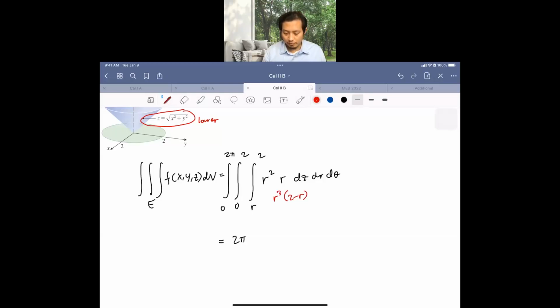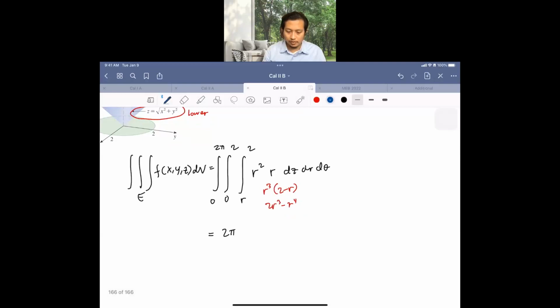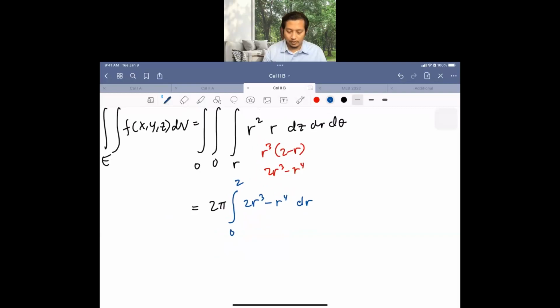So 2r cubed minus r to the fourth, which we could integrate from 0 to 2 with respect to dr. This will be r to the fourth over 2 minus r to the fifth over 5.